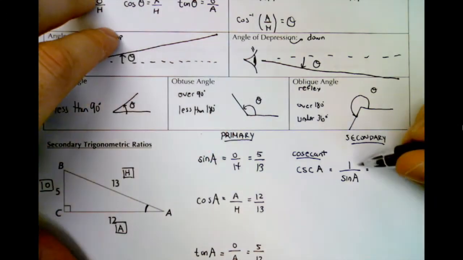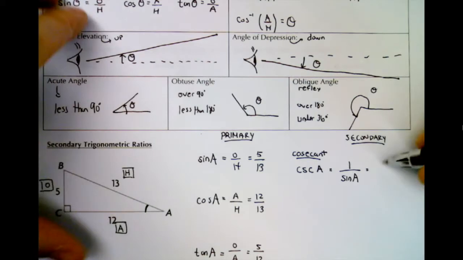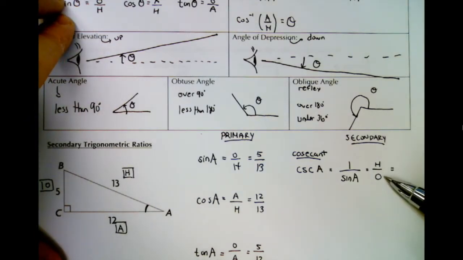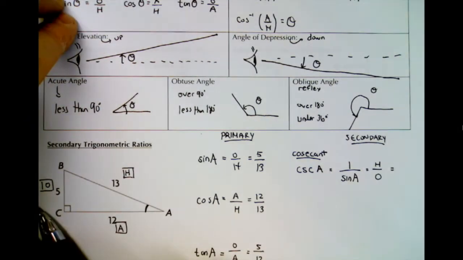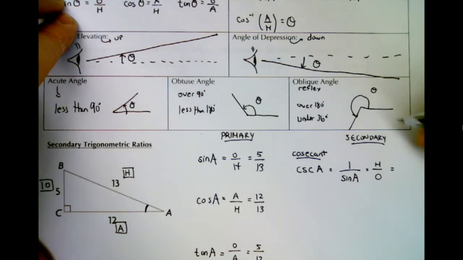Because if it's 1 over sine, then it would also be the reciprocal of O over H, which is H over O. So the ratio would be hypotenuse over opposite, which is 13 over 5. Or you could look here, the flipped sine ratio, 13 over 5.